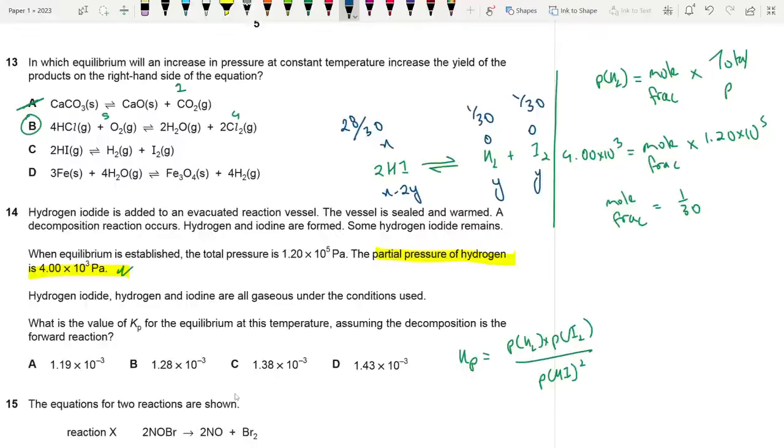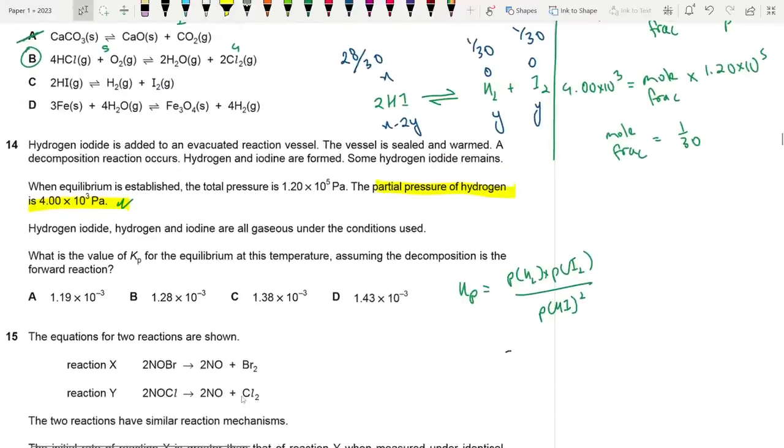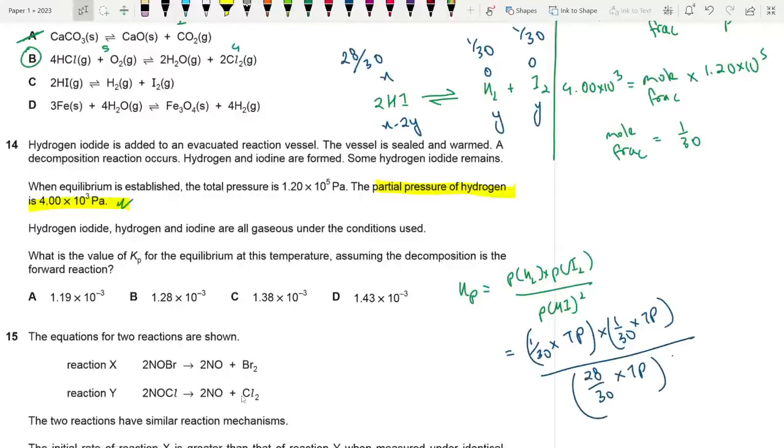Okay, now let's do this. We can write that it is basically 1 by 30 times the total pressure into 1 by 30 times the total pressure divided by 28 by 30 times the total pressure whole square.